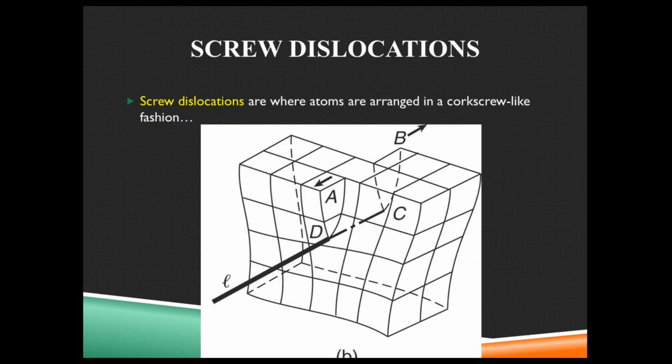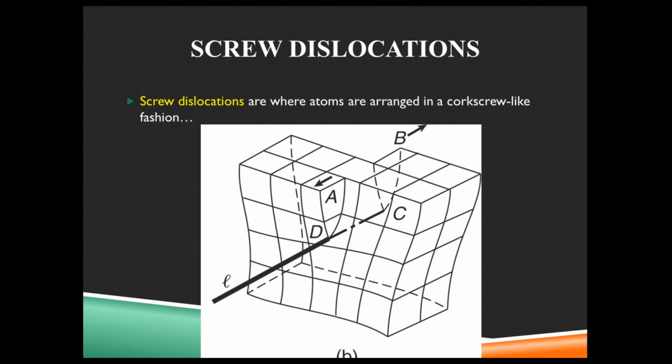A screw dislocation is when you still have 5 long and it's still 2 wide, but it's offset. So you're kind of getting a screw pattern. At the bottom it's a nice rectangle. At the top it's offset.